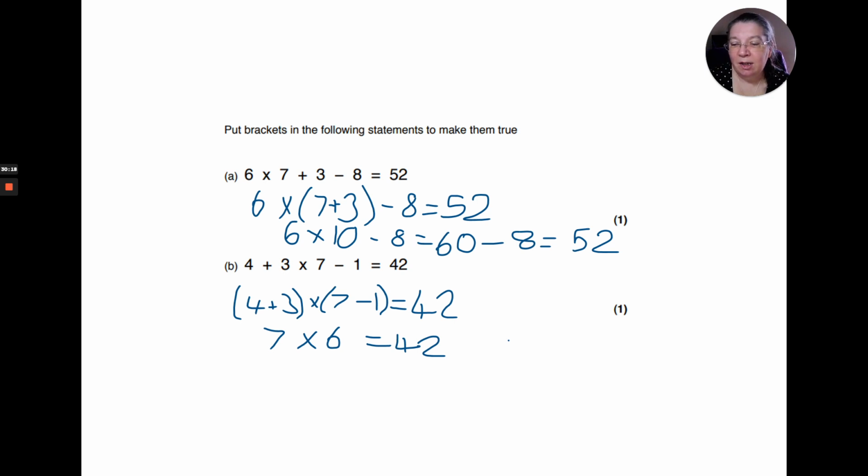We need to put brackets around 4 plus 3, which gives us 7. And then brackets around 7 minus 1 to give us 6. And then we've got 7 times 6 is 42. Those questions are quite common in exams, so it's worth having a look at those and trying to work them out.